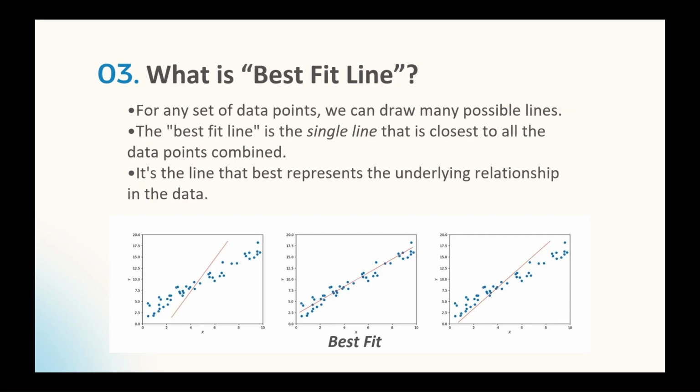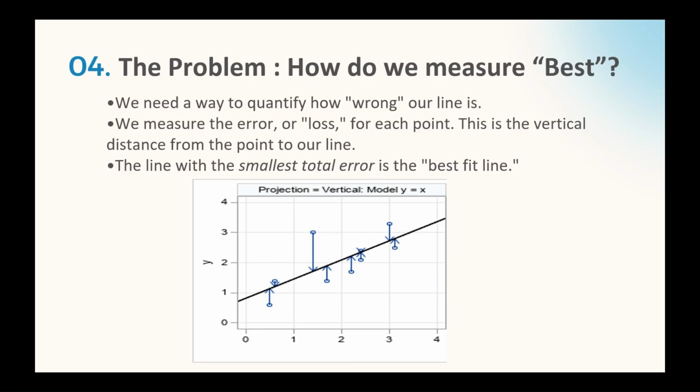But to look good isn't very scientific and specific. We need a way to measure which line is best. And that brings us to the problem. How do we quantify, how do we measure the best? We do it by measuring how wrong our line is for each data point.